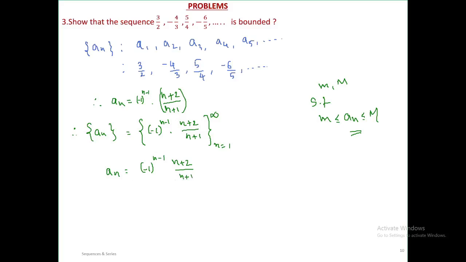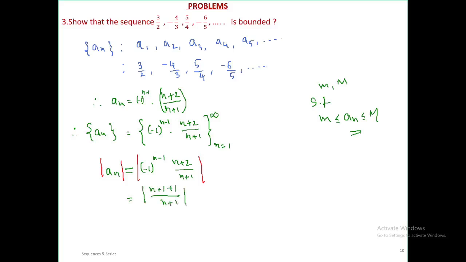Now let us take the modulus on both sides. All these are tricks for showing that a sequence is bounded. Since it is modulus, the negativeness will go, so modulus of n plus 2 upon n plus 1.